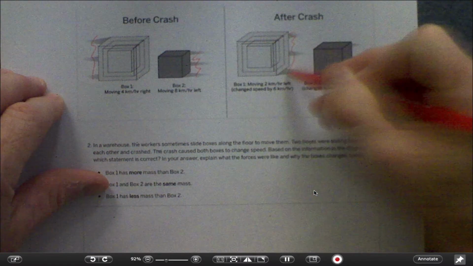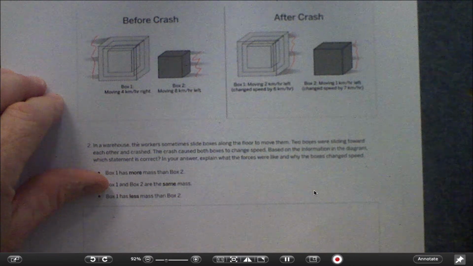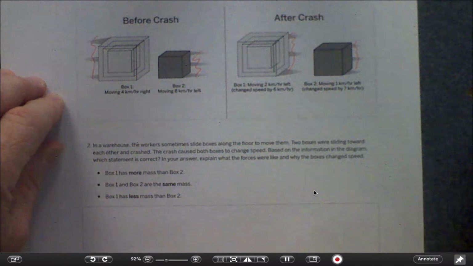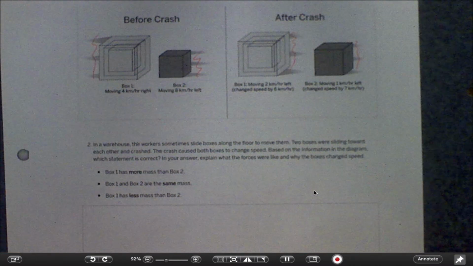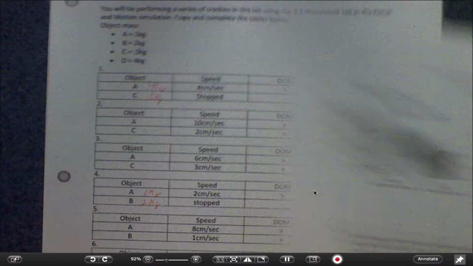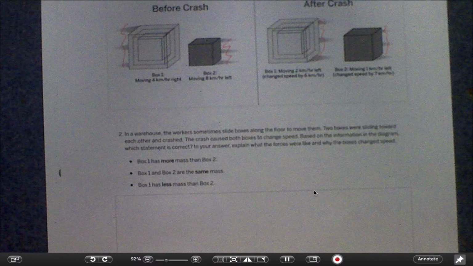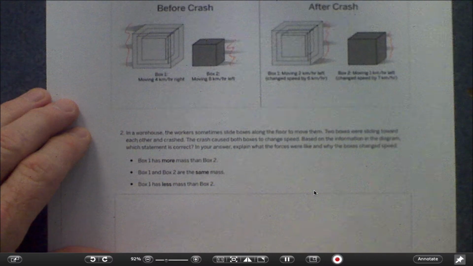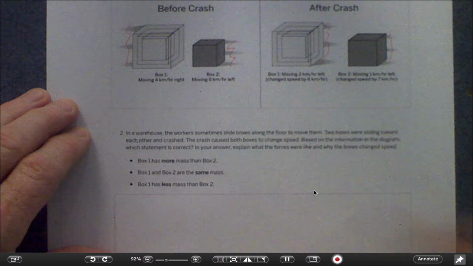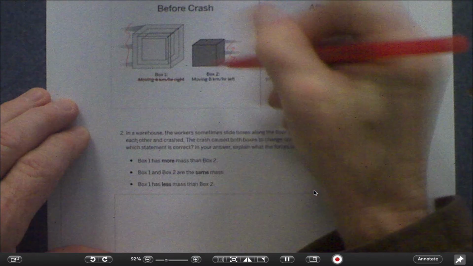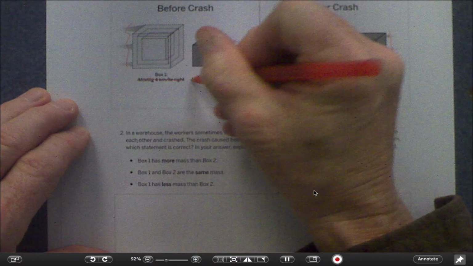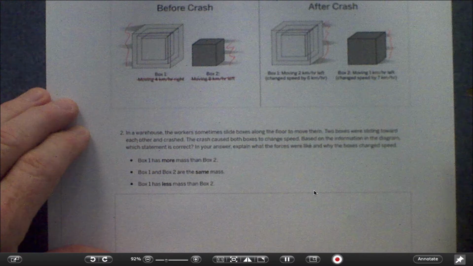That has absolutely nothing to do with the answer to this question. We also saw that we could change the speeds all over the place, and this one lists speeds. We don't have to worry about any of the before and after speeds. We don't need to worry that that was going 4 kilometers and that was going 8 kilometers. They have nothing to do with the answer.